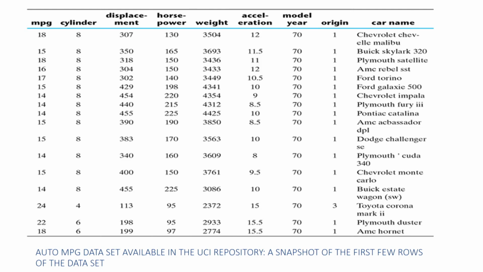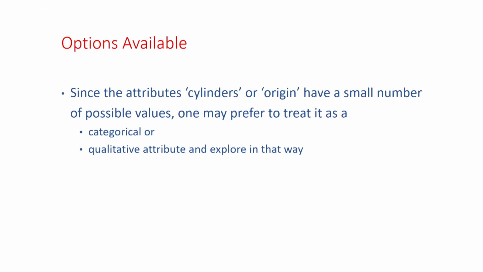Different MPG values, cylinders, displacement values and horsepower are given, and in the last column the car name is given. This is a very big data set. Here a few instances are shown in this slide, but you can get the whole data on the UCI repository. All the features are generally numeric or continuous, and only one feature is categorical.